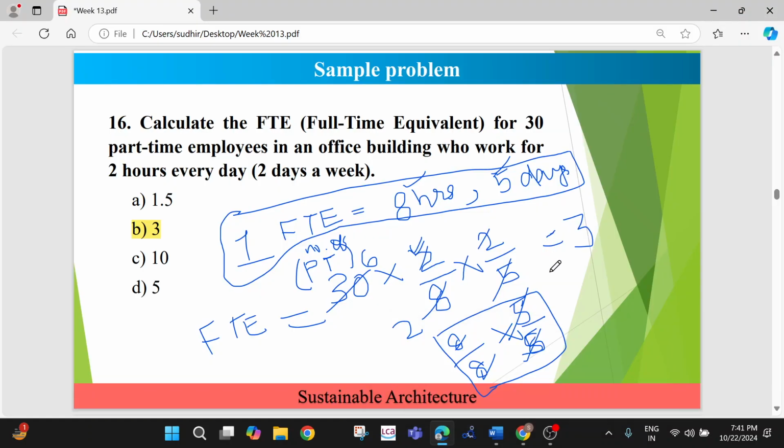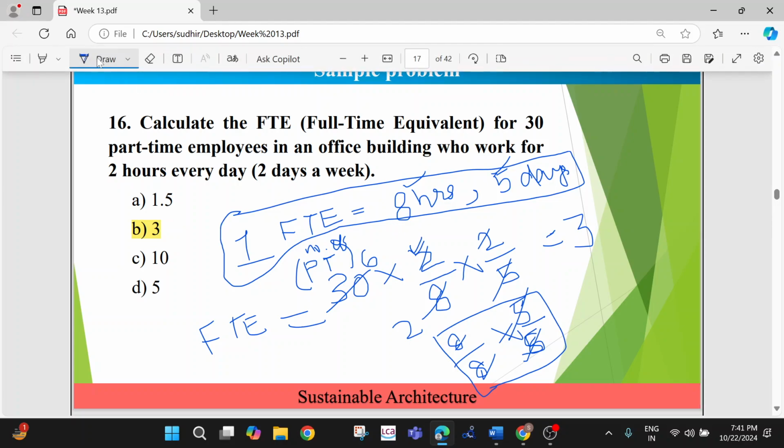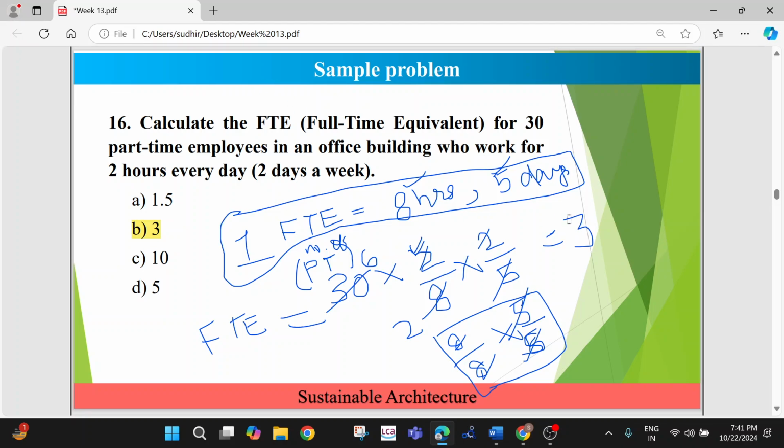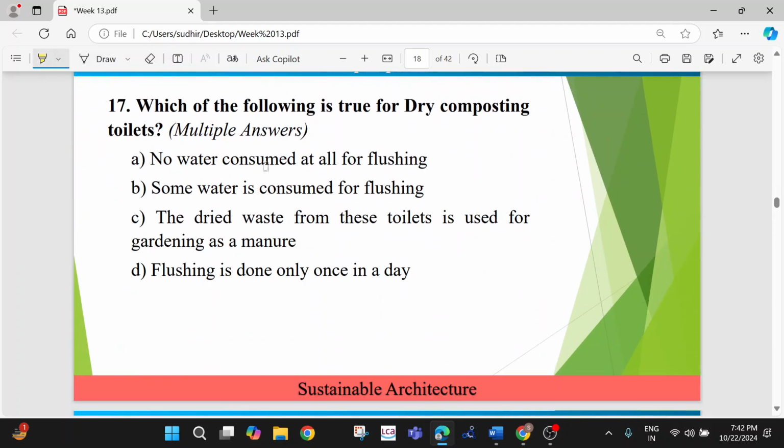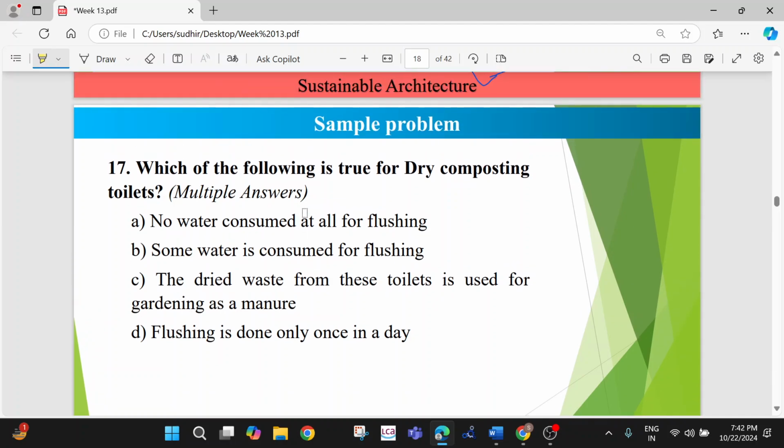Okay. So let's move to the 17th question then. Here is the 17th question. Which of the following is true for dry composting toilets?